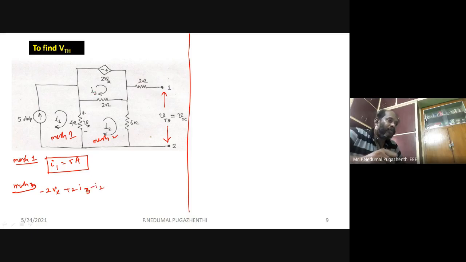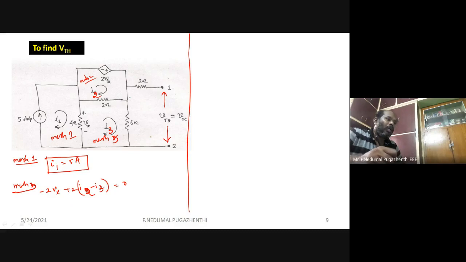Anyway, I will make it for my convenience. This is I2 and this is I3, because I have done it based on that. So I have taken this as mesh 2. Minus 2 Vx plus 2 into I2 minus I3 is equal to 0.